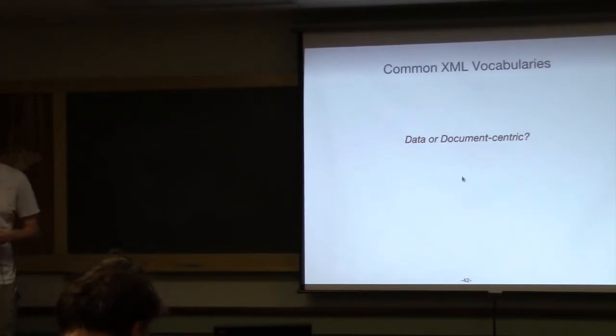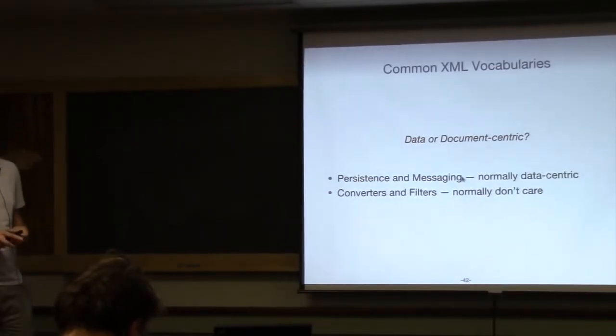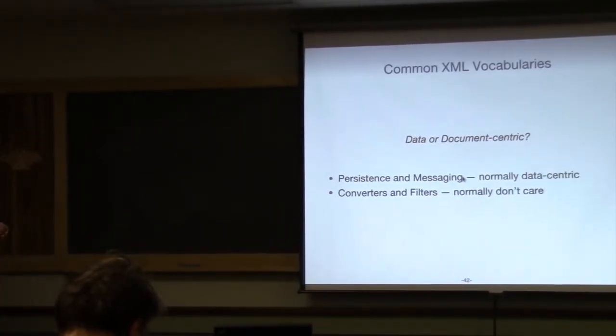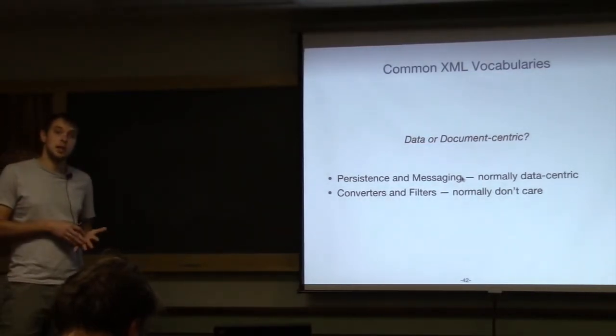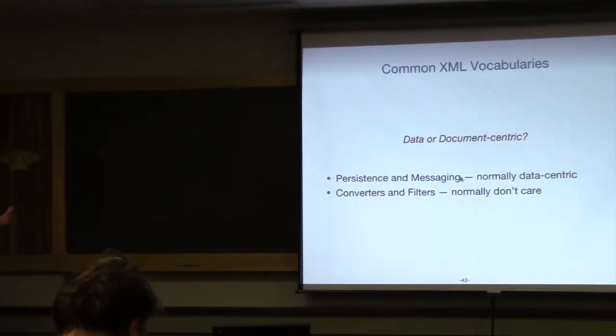So now we are coming to your question. Other commonly used vocabularies, data-centric or document-centric: for persistence and messaging, they are almost always data-centric. For filtering and conversion, it can be either way, but the filter or the converter normally doesn't care what kind of data it deals with.